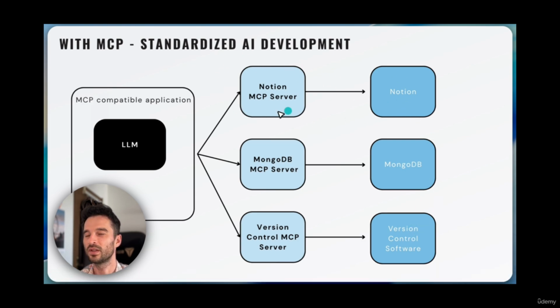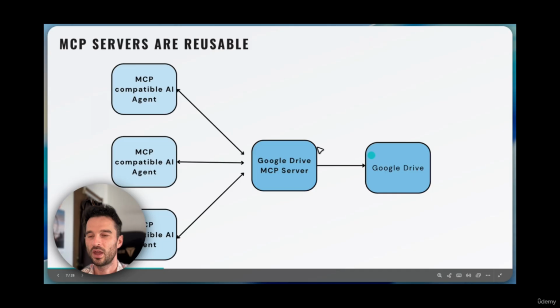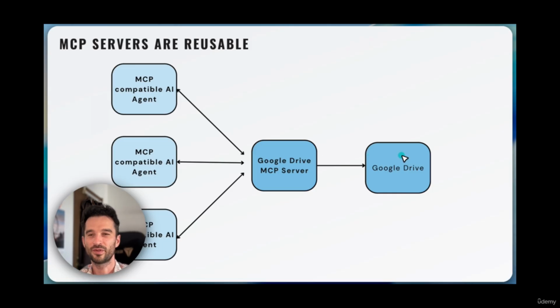We have a dedicated MCP server that is responsible for one data source. What is also really nice is we can reuse the MCP server. For example, here we have only one Google Drive MCP server, and this Google Drive MCP server can be used by different AI agents to get the data from Google Drive.